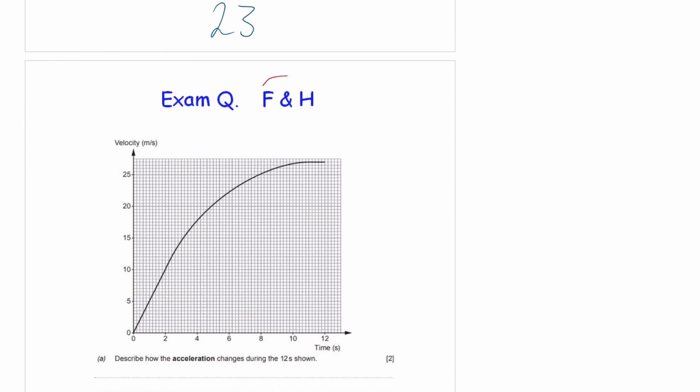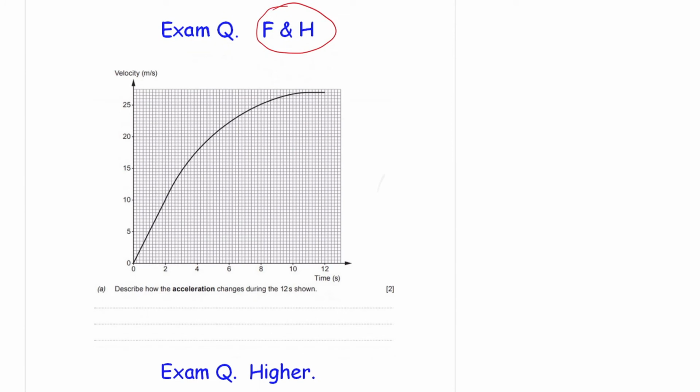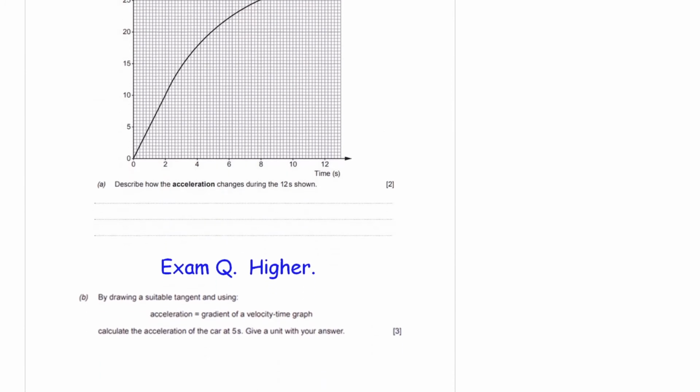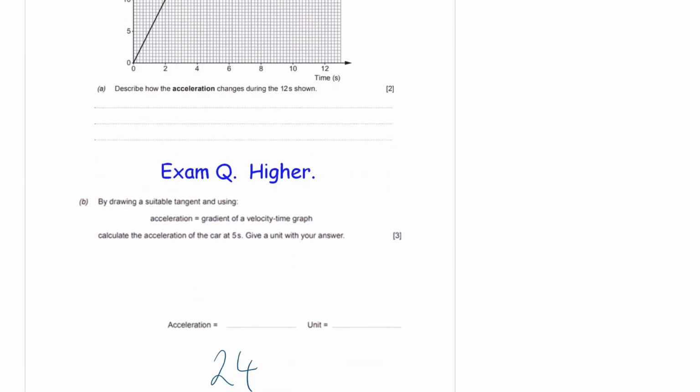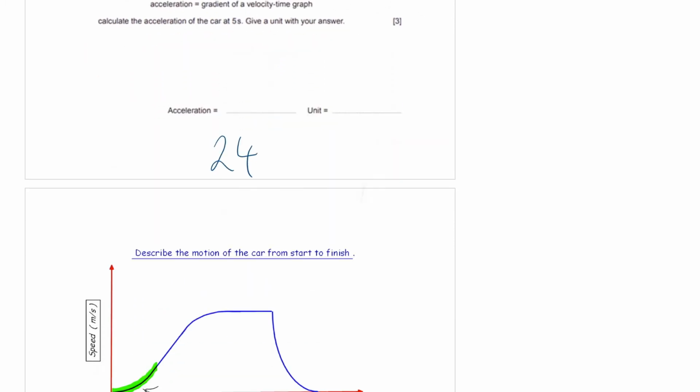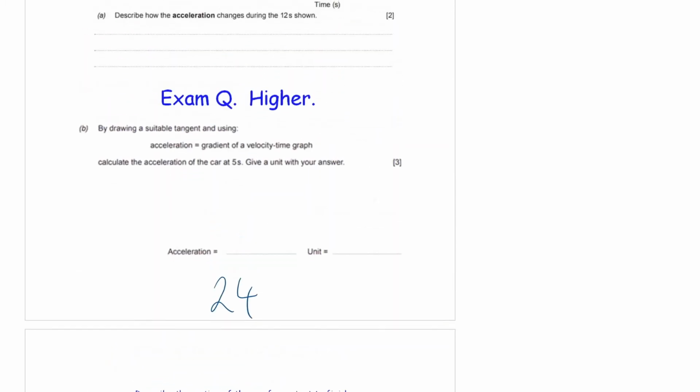The F and H that you see here means that it's applicable for foundation and higher tier. You can see why, because it's a question on acceleration. And part B is for higher tier only.